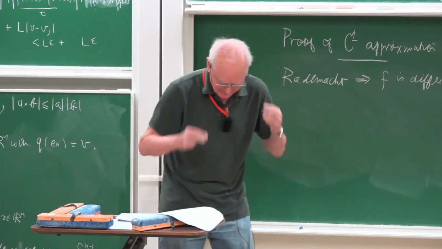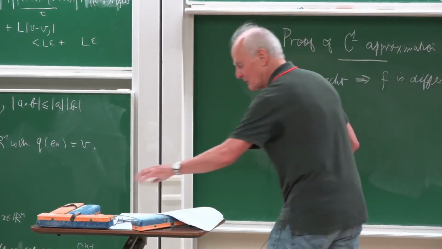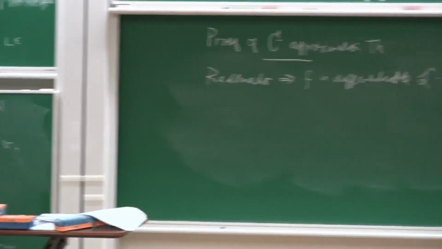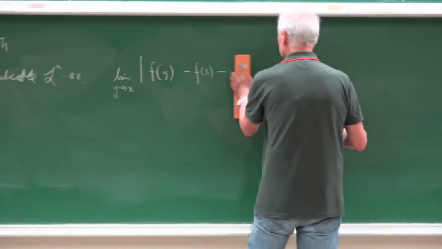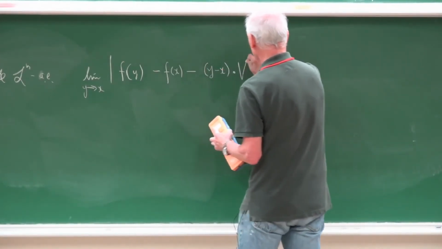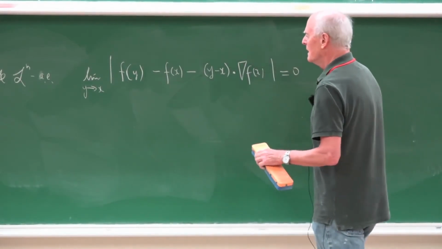So let me stick to the same notation that we were using before. So the limit as y tends to x of f(y) minus f(x) minus (y minus x) dotted with grad f(x) is equal to 0.